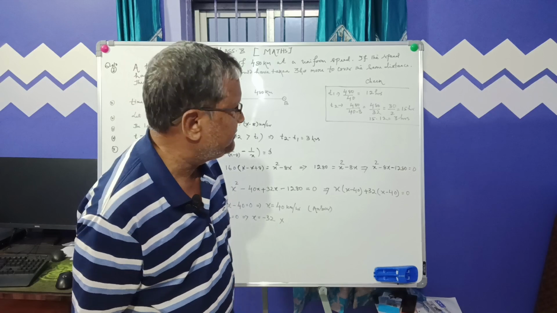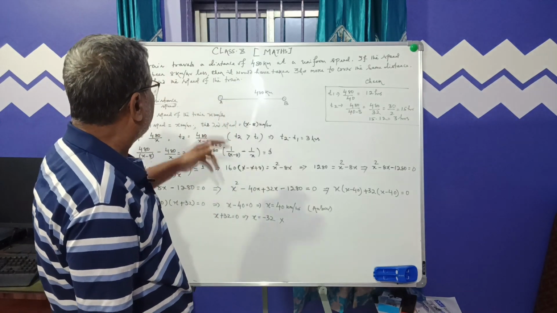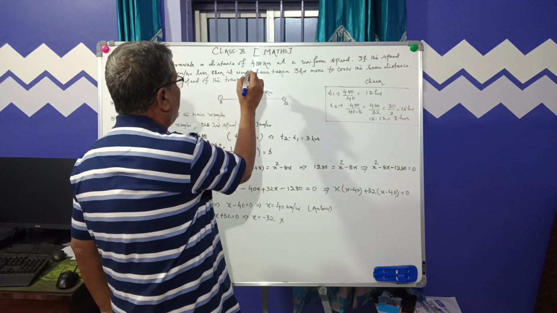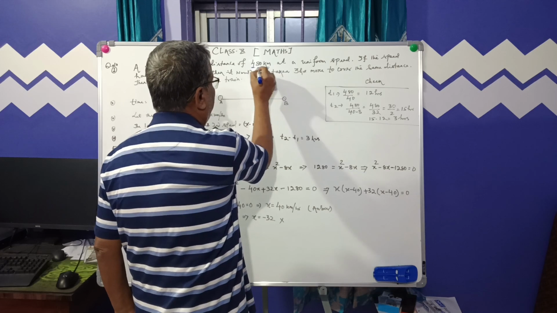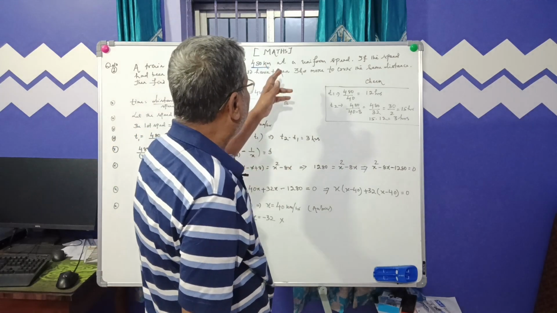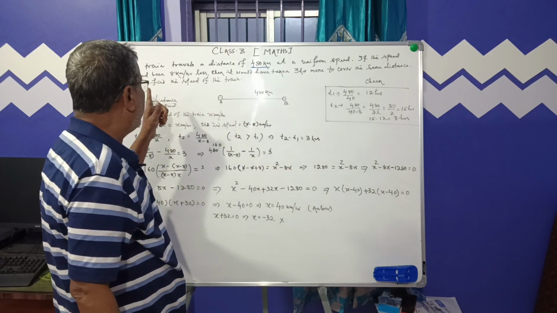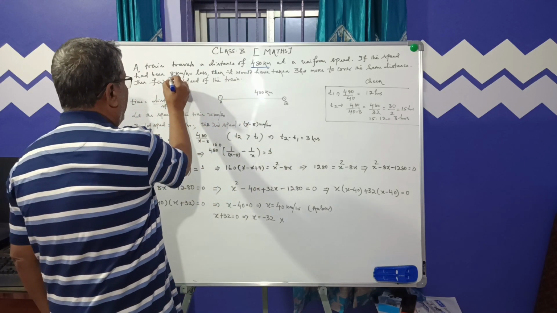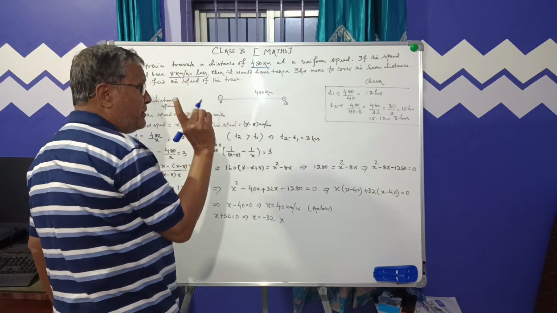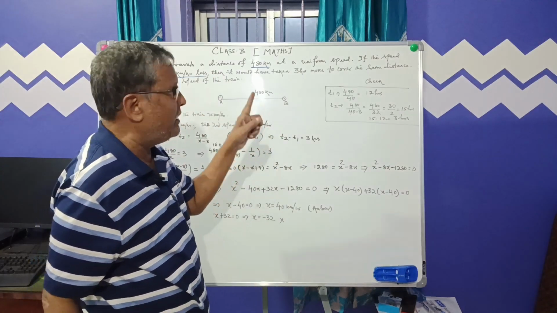Let's read out. A train travels a distance of 480 km at a uniform speed. If the speed had been 8 km per hour less, this is an important key point. You mark the key points.